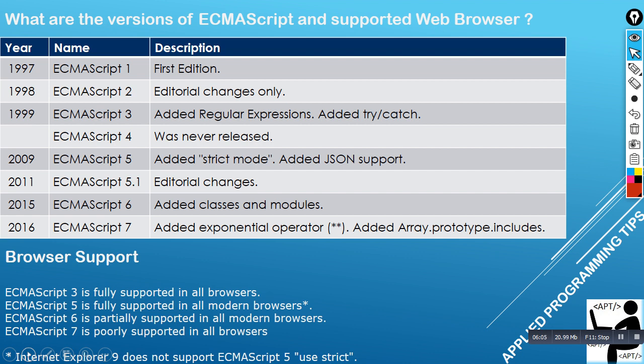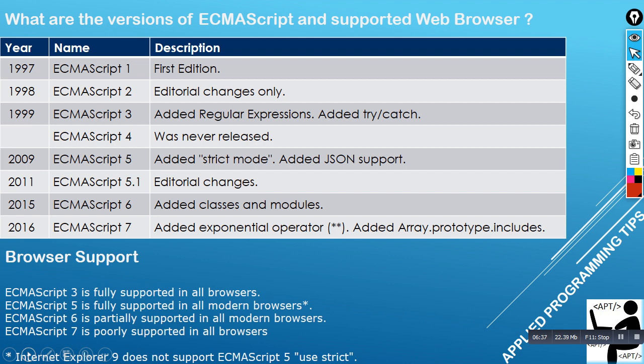ECMAScript 3 was released, and in this release regular expressions and the try catch block were added. You know why we should use regular expressions if you are working in a web application or on validation rules, and if you want to handle exceptions, then you must use try catch, right? ECMAScript 4 was never released.